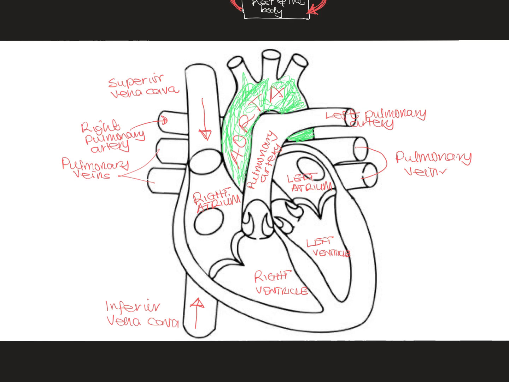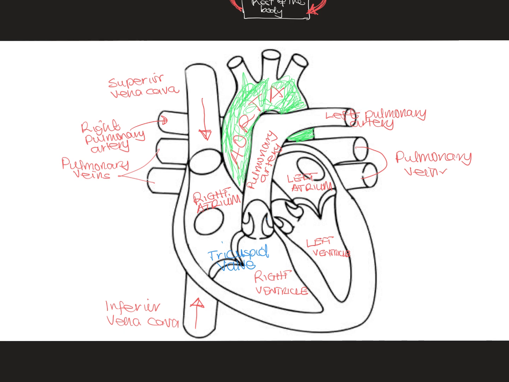Let's name them. The valve between the right atrium and the right ventricle is called the tricuspid valve. The valve that is between the right ventricle and the pulmonary artery is called the pulmonary valve. Okay, let me write that neatly.